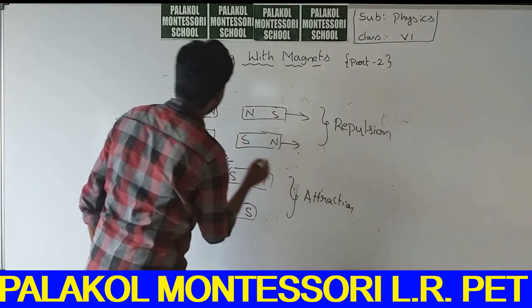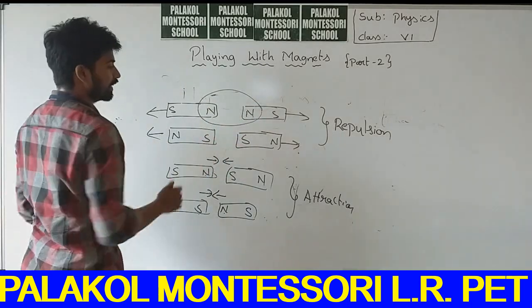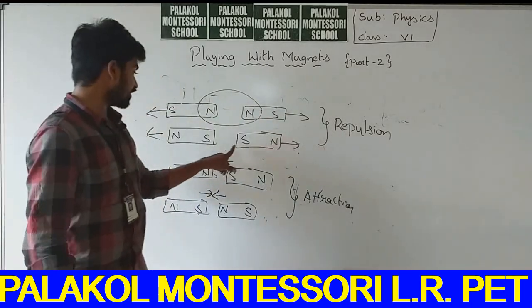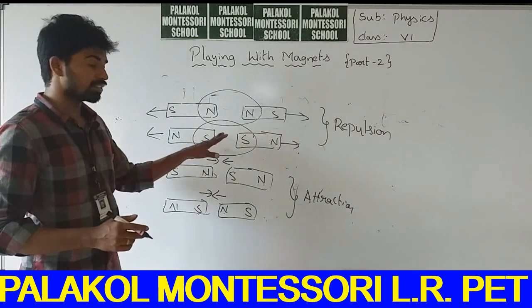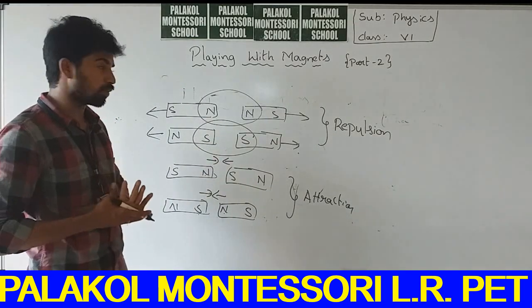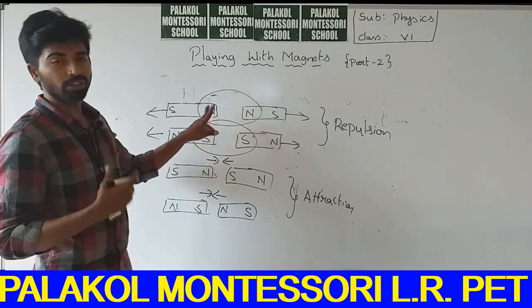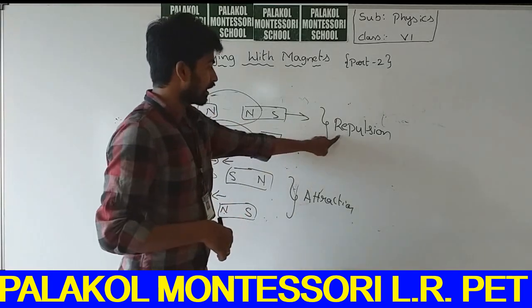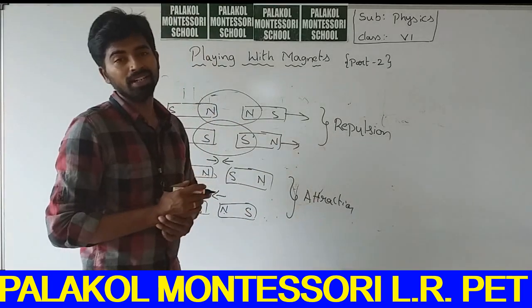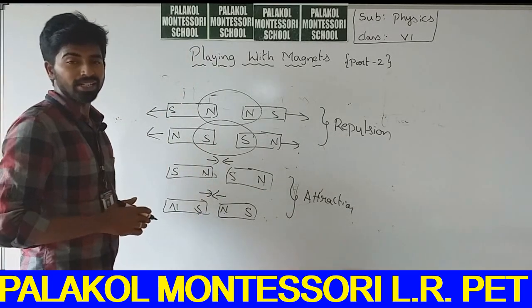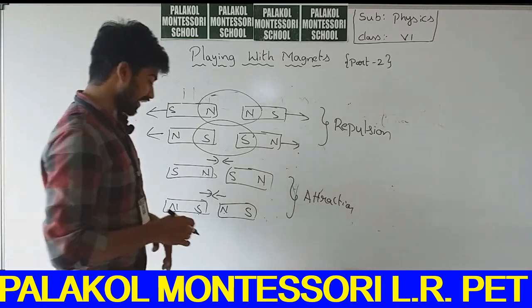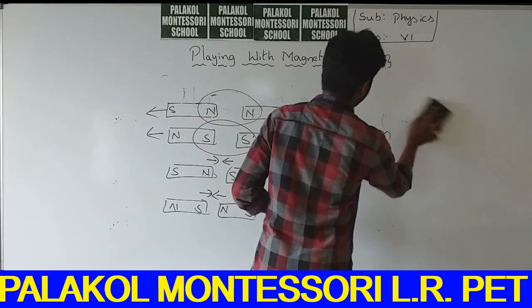So what you have observed: if it is north and north, it undergoes repulsion. If it is south and south, the same poles, we can call these like poles. Like poles repel and unlike poles attract.